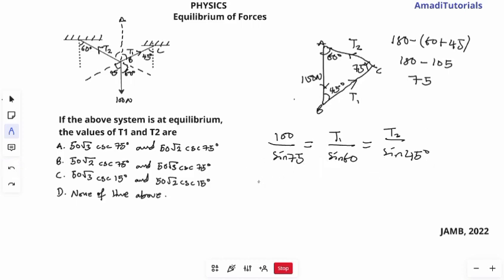If I make T1 the subject of the formula, T1 will be equal to 100 sine 60 divided by sine 75. That's if you are solving the first fraction and the second fraction. If you multiply both sides and make T1 the subject, this is what you have. And we know that sine 60 is a special angle.